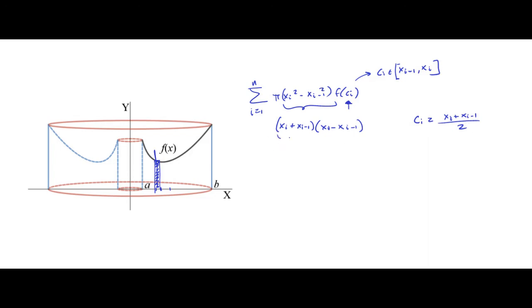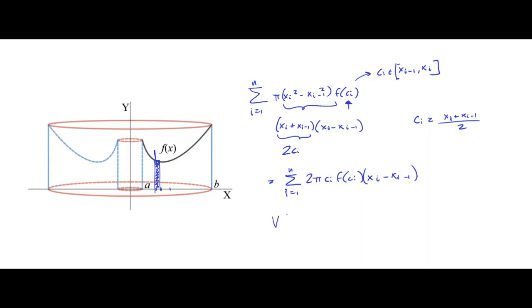Okay, so we can rewrite this as 2 times ci. So this formula becomes the sum from i equals 1 to n of 2 pi ci f(ci) times xi minus xi minus 1. Okay, so when we take the limit with this very small partition, this thing disappears, and what we're integrating is this formula.